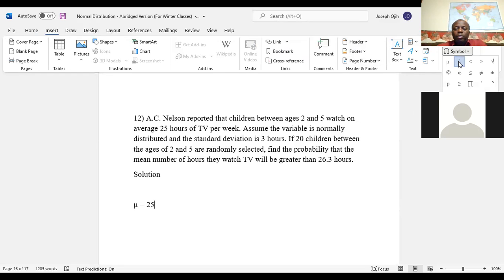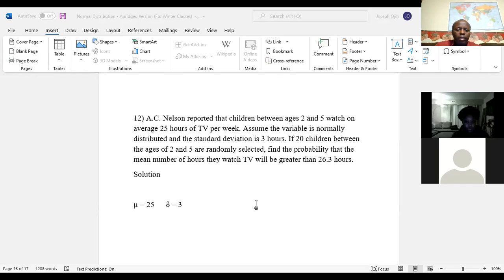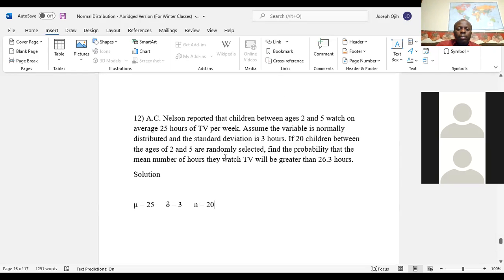So our standard deviation is 3. Now it says if 20 children were selected, that means n is 20. Then find the probability that the mean of those 20, that is the sample mean.